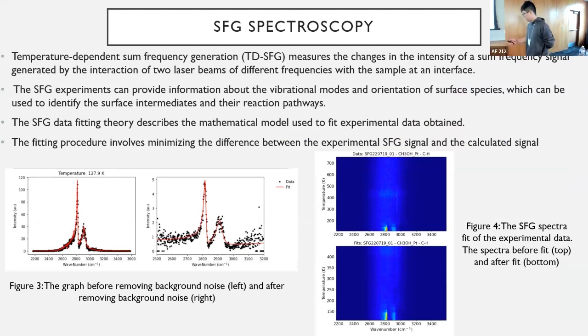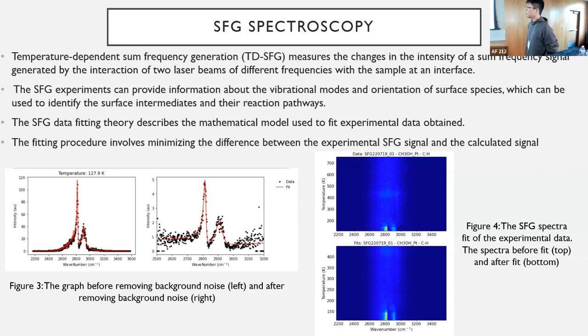And here we have the SFG, which is temperature dependent sum frequency generation. It measures the change in intensity of the sum frequency when two laser beams at different frequencies interact directly with the sample.